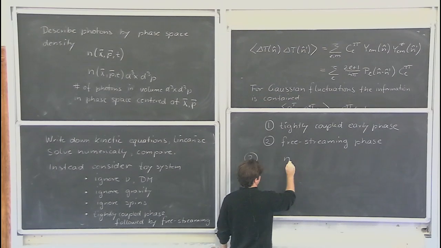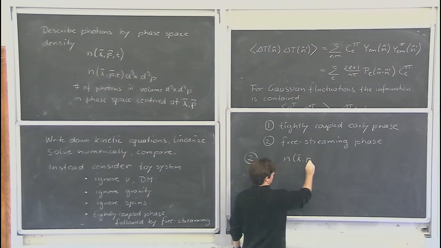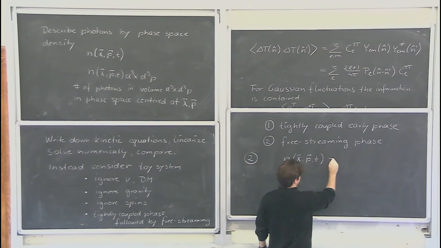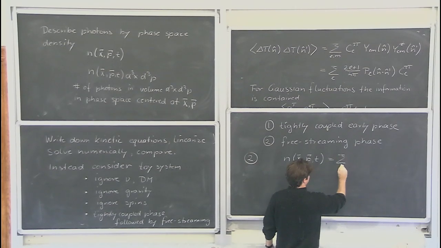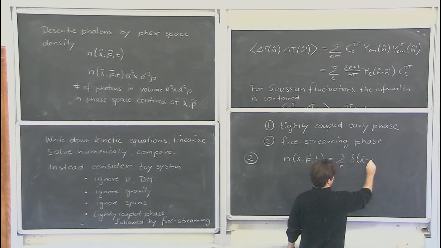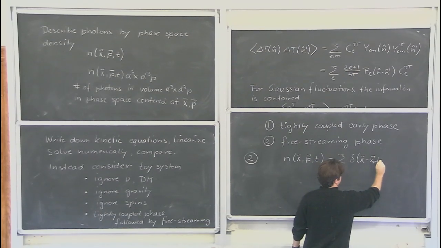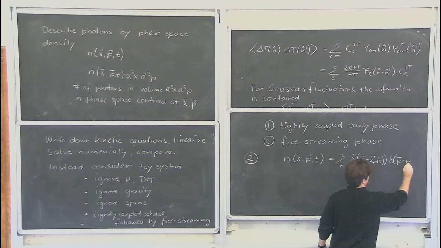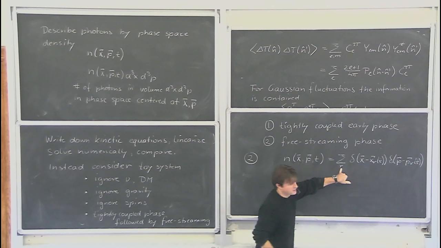A useful way to think about the phase space density, which makes sense as long as the number of photons is conserved, is that we can think of it as the sum over r of delta of x minus x_r of t, delta of p minus p_r of t, where I'm summing over all the photons in the system.